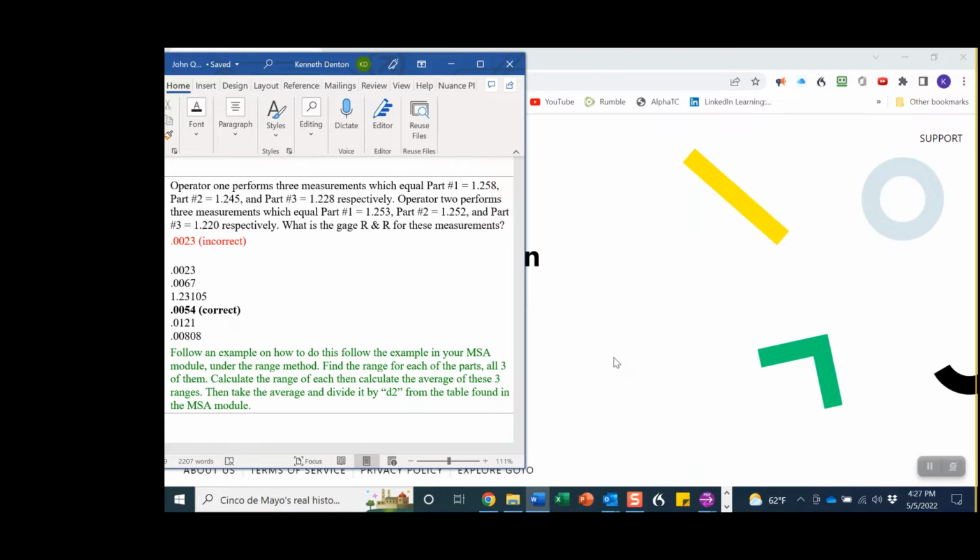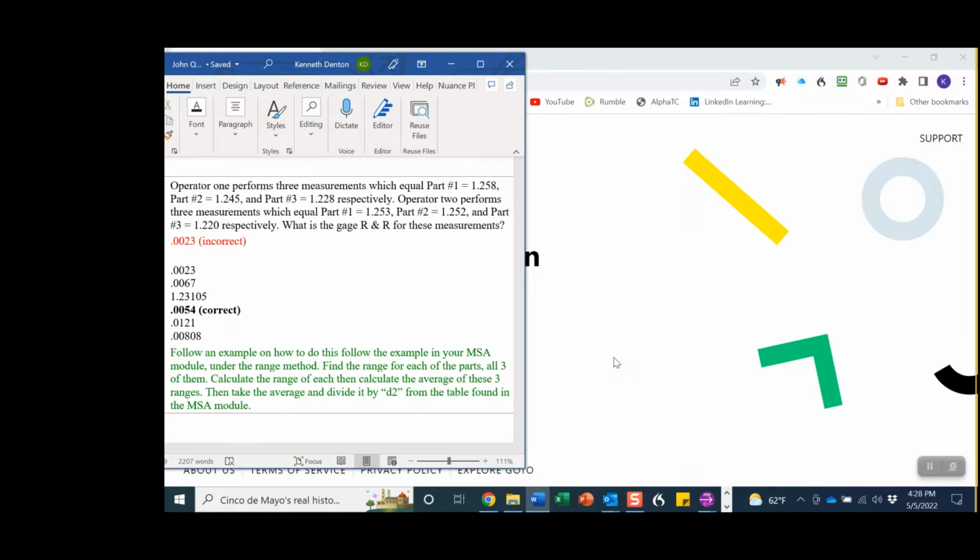Operator two got 1.253. Operator one measured part one, and operator two measured part one. Operator one measured 1.258. Operator two measured 1.253. Yes, on part one. Yeah.